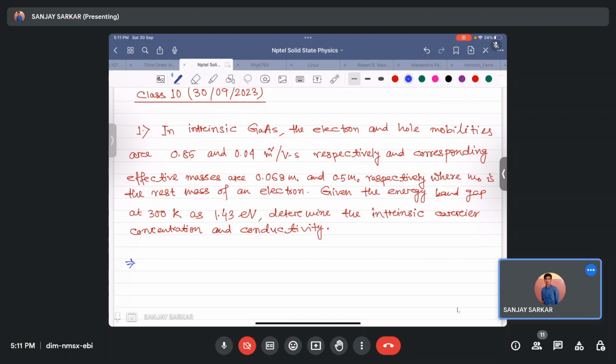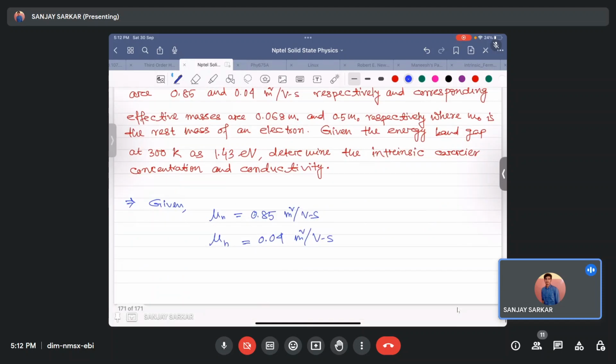What is given? First the mobilities are given. So mobilities are expressed in terms of mu. Mu n is the mobility of electron, which is 0.85 meter square per volt second. Then the mobility of hole, mu h, is given as 0.04 meter square per volt second. Then the masses of the electron and hole are also given.